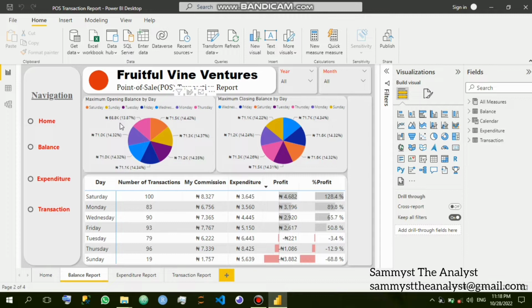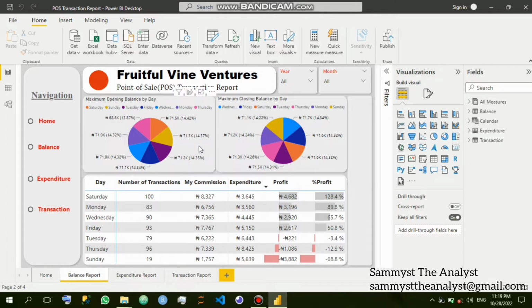So now when you look at the maximum opening balance by day, you discover that we have here 68.8 thousand naira. We have over 71,000 naira here. Also we have over 71,000 naira here, which represents 14.32%. And then we have over 71,000 also here. The same thing with here and here and here.